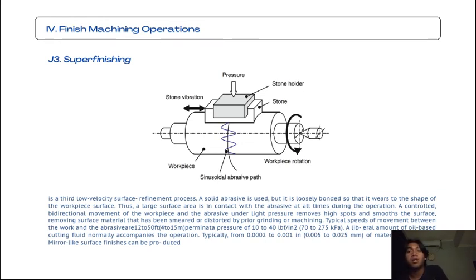Typically about 0.005 to 0.025 mm of material is removed, so a mirror-like surface finish can be produced. The process is used on smooth, flat, curved, or spherical bearing surfaces. Crankshafts, camshafts, bearings, brake drums, and distributor shafts are typical superfinished parts.